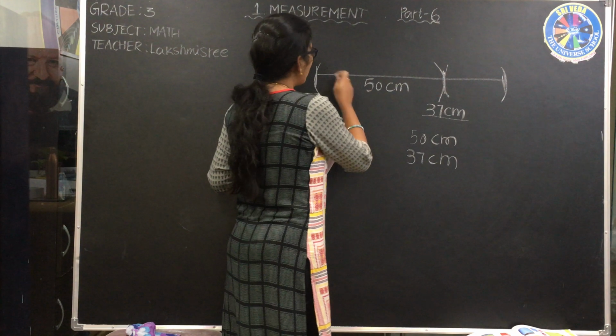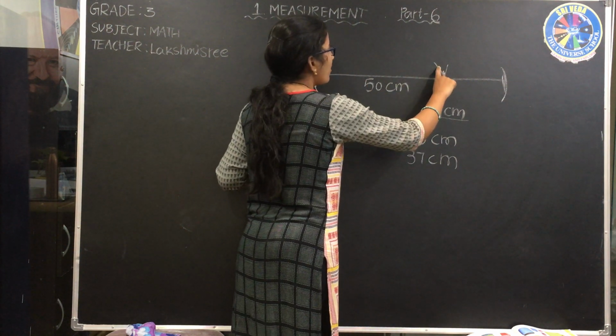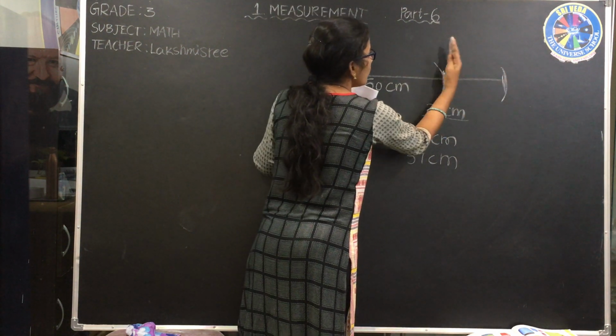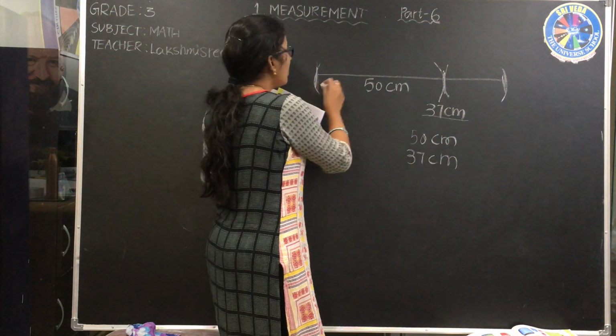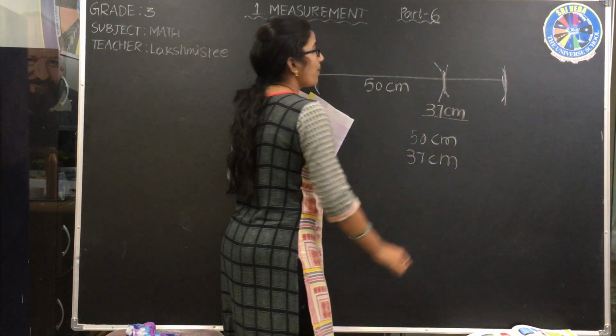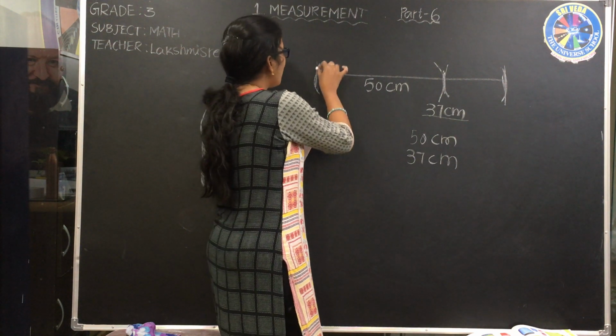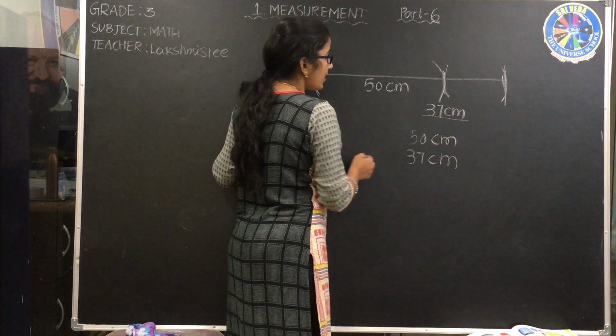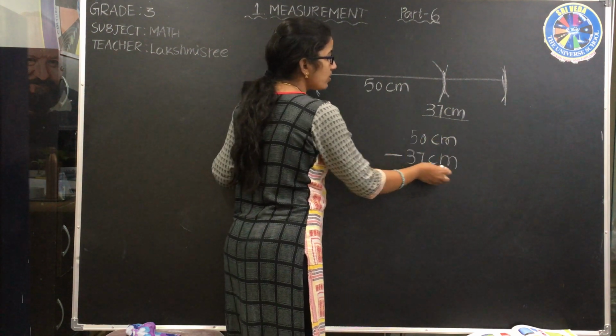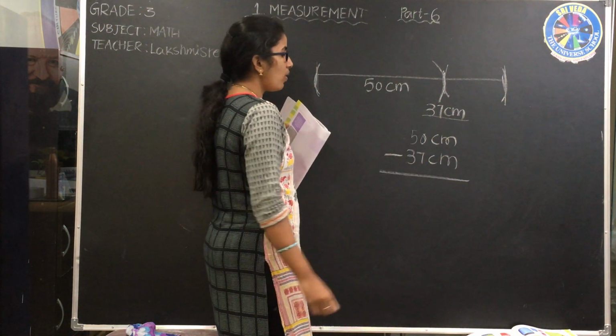See, if you remove this from the total, you will get from here to here, right? Yes, this is the total length of the ribbon. From this, remove whatever you used. Total is 50 centimeters. From this I used 37. Now how much is left?